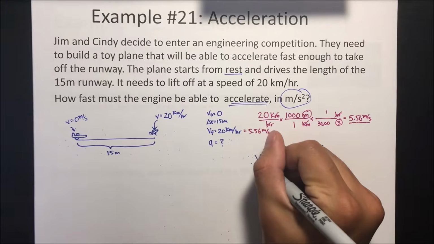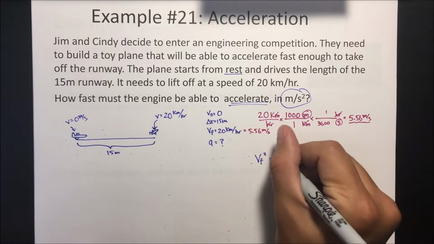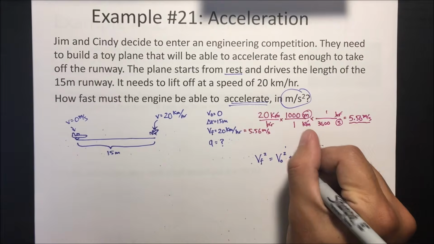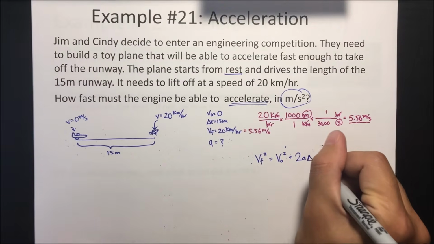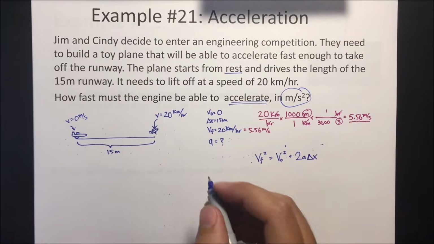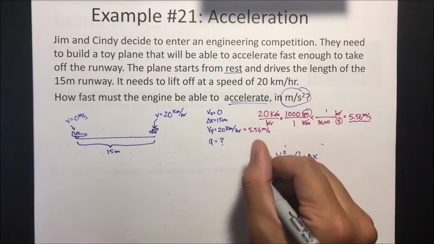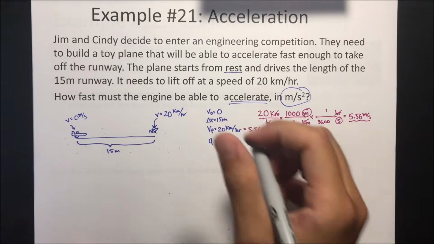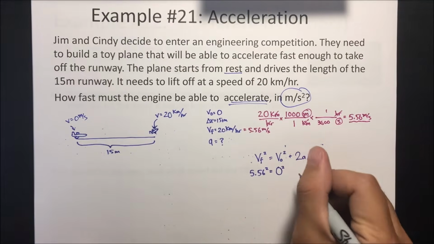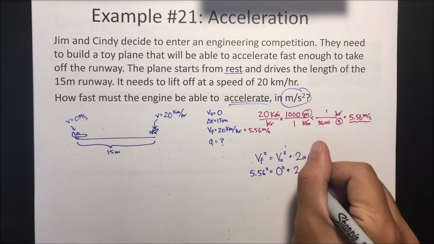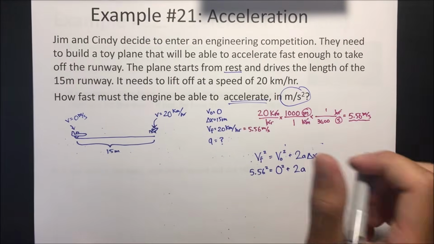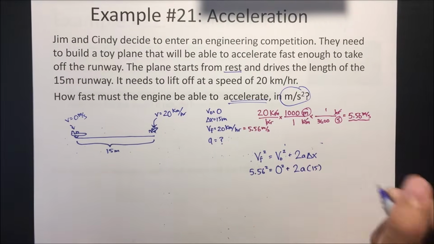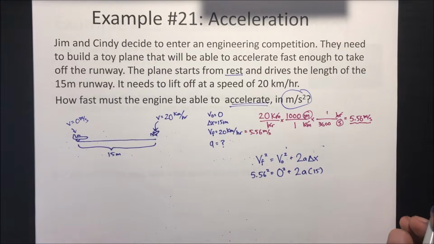So we can do velocity final squared is equal to velocity initial squared plus 2a change in x, and start filling it in. So 5.56 squared is equal to initial velocity 0 squared plus 2 times acceleration, which we're looking for, times displacement, which is 15.